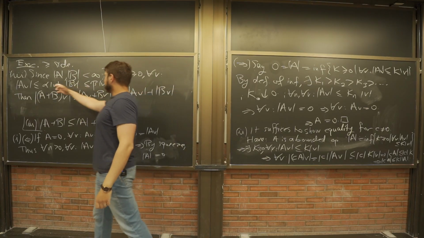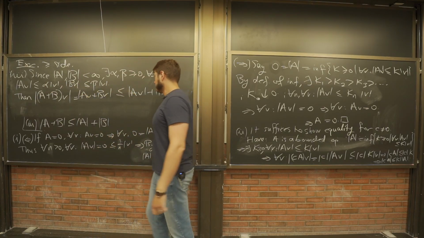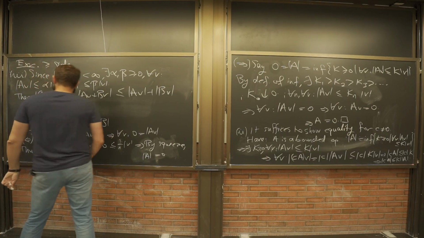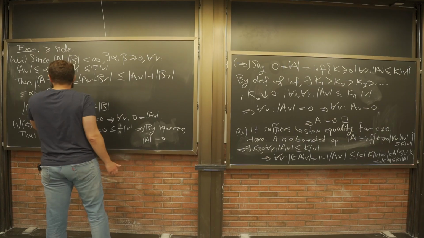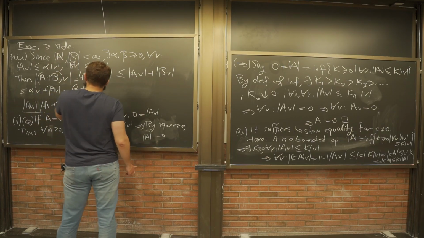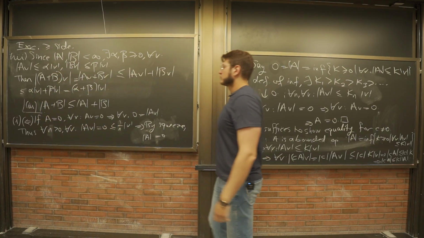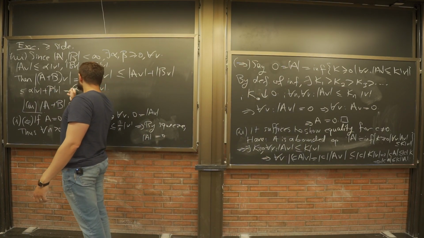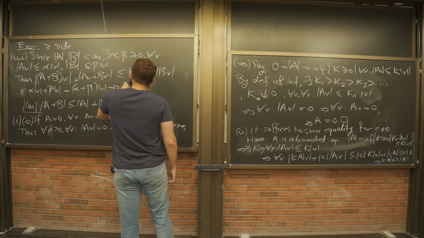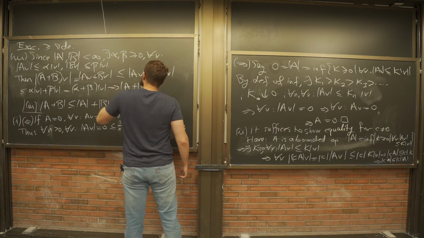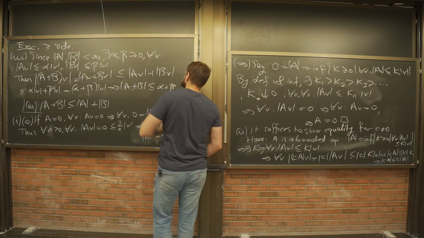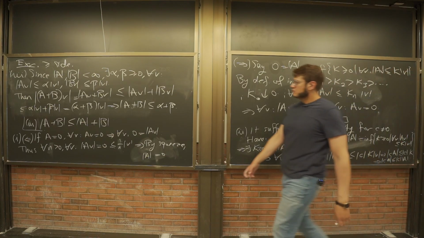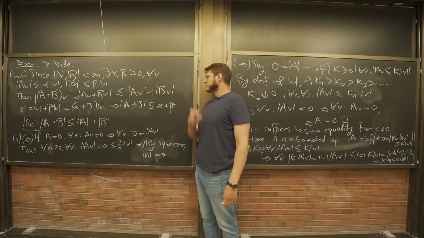But then this I can bound by alpha times the norm of v, and this by beta times the norm of v. Of course, you can combine these again to give you this, which tells you that the operator norm of A plus B is bounded from above by alpha plus beta. Optimize over alpha and beta, and this turns into the operator norm of A, and this turns into the operator norm of B.